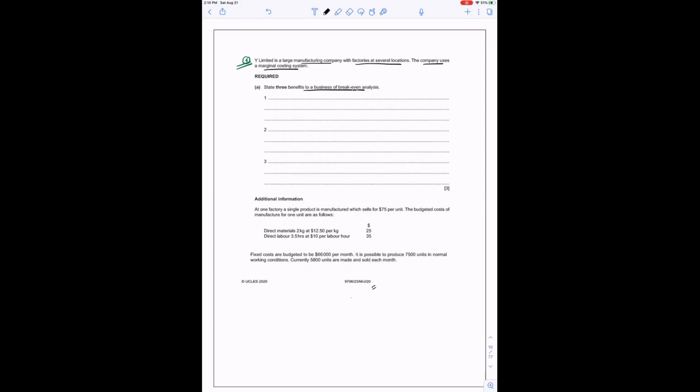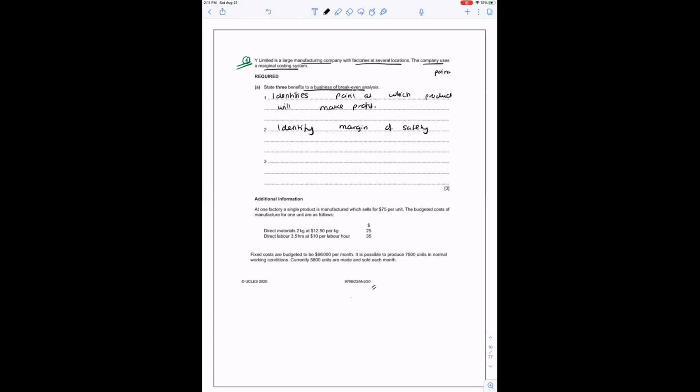Break-even analysis tells us the point at which you make a profit or loss. So the first benefit is it identifies the point at which product will make profit. It also helps to identify how much safe you are. It helps to identify the margin of safety.